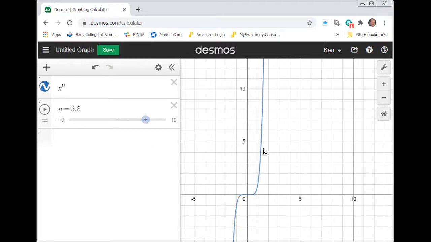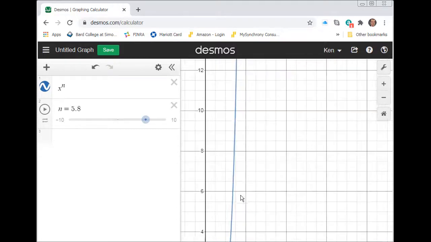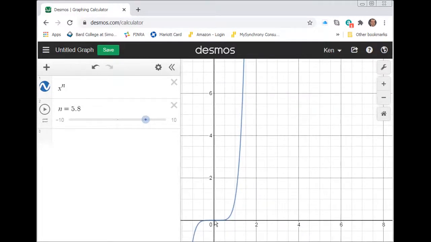Look at how fast it's increasing. So certainly, as your x values increase, this will go towards infinity without bound.